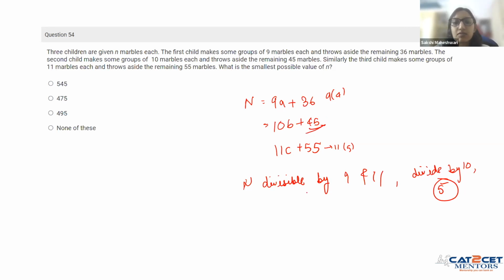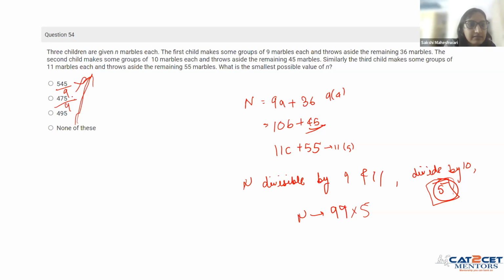So n should be divisible by 99, and after dividing by 10, I should get a remainder of 5. So let's just multiply 99 by 5. We need to identify the smallest possible value of n. You can easily substitute and check as well rather than doing this. For example, this is not divisible by 9 or 11, so this is not.